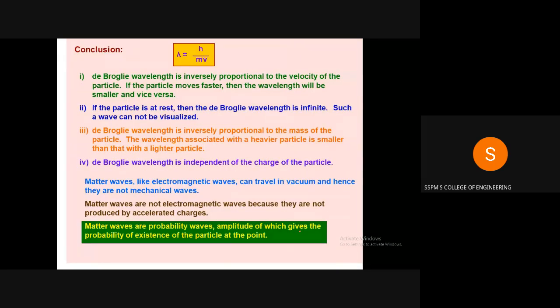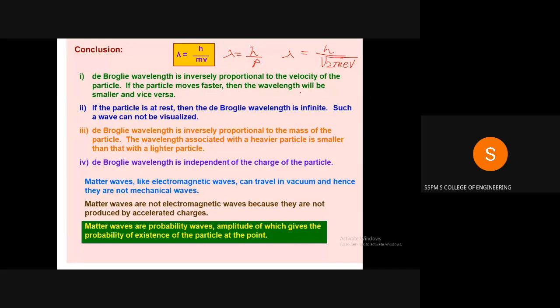Now there are different forms of this wavelength lambda. The very fundamental first one: lambda equals h by mv. Second equation: lambda equals h by p. Third equation: lambda equals h upon square root of 2 mev.